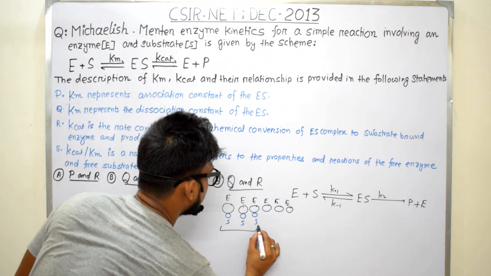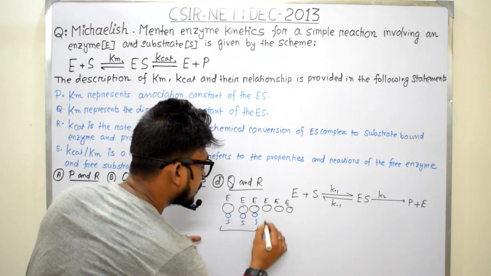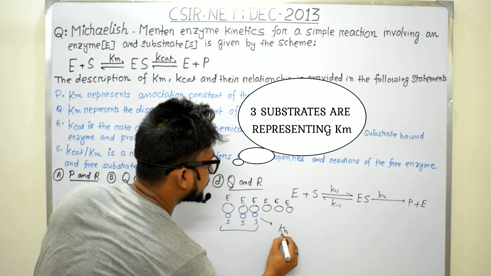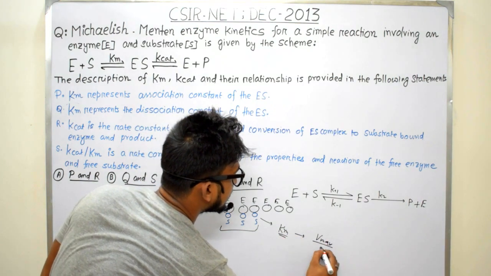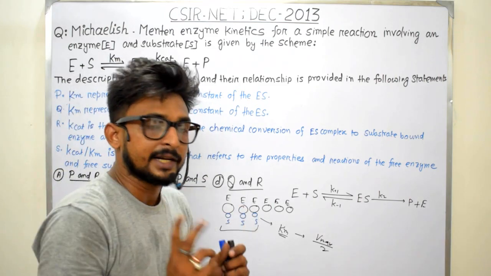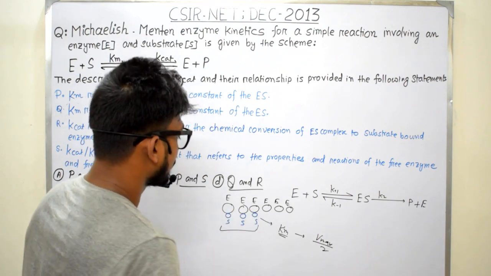This is the situation where the reaction achieves half of its maximum velocity, and this concentration, with 3 enzymes saturated, represents the Km, by which the reaction reaches Vmax divided by 2.